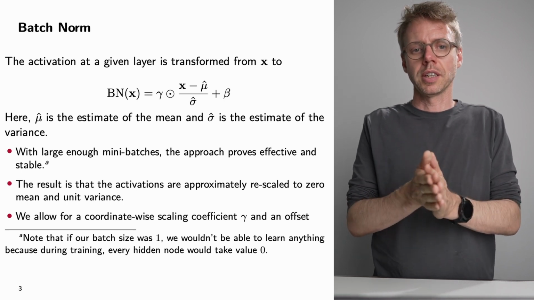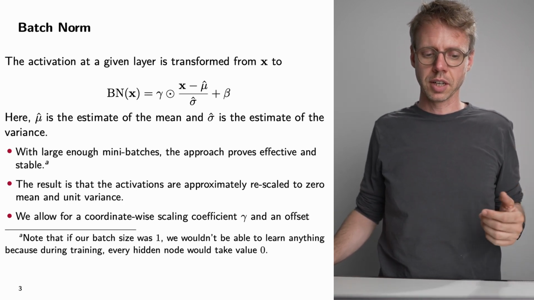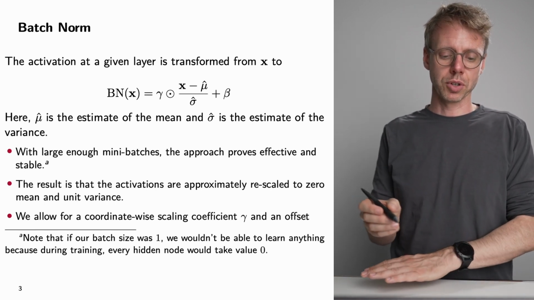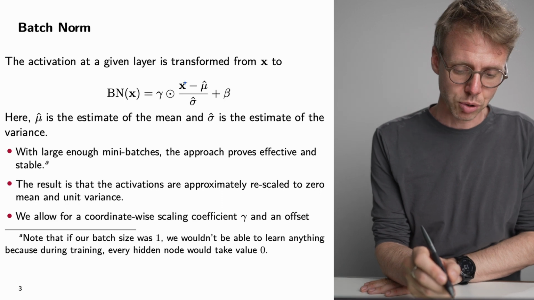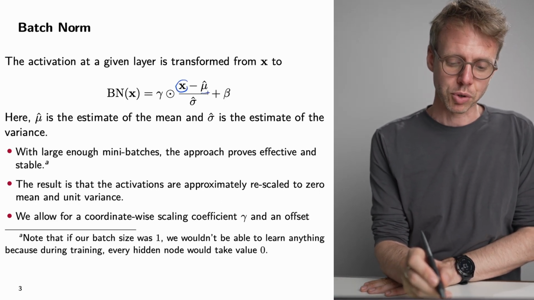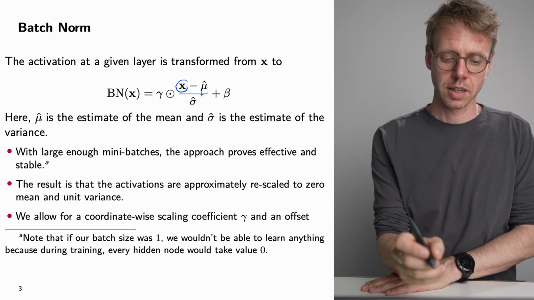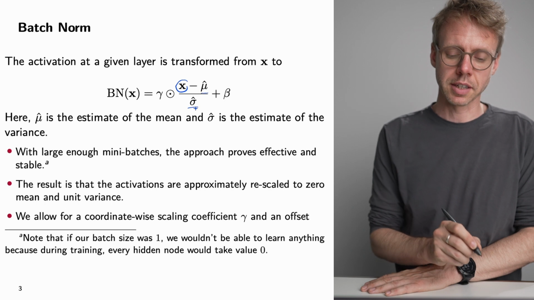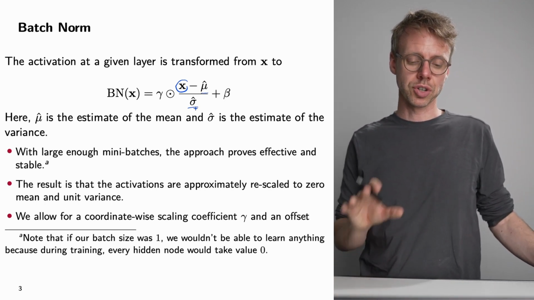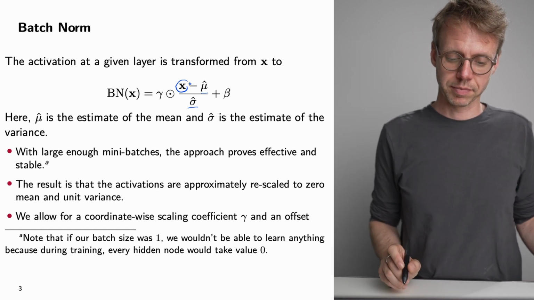So here you see the formula of the batch normalization operation. If you have such a batch normalization layer, what you do is you take the input of that layer, x, you subtract mu, the mean of this input, and you divide by sigma hat, the standard deviation of this x.